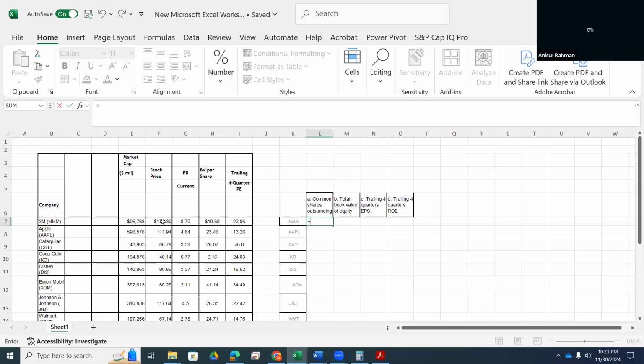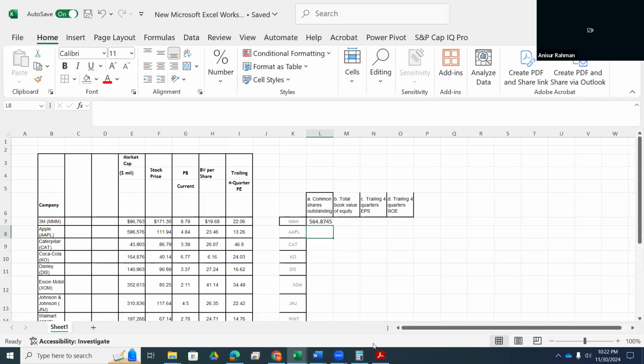The stock price is the market value of equity per share. So if we know the total market value, and if we know the stock price per share, then we can divide this market value by the stock price per share to find out the number of shares outstanding. And that is what we are going to do. So this market cap divided by stock price, and push enter on your keyboard.